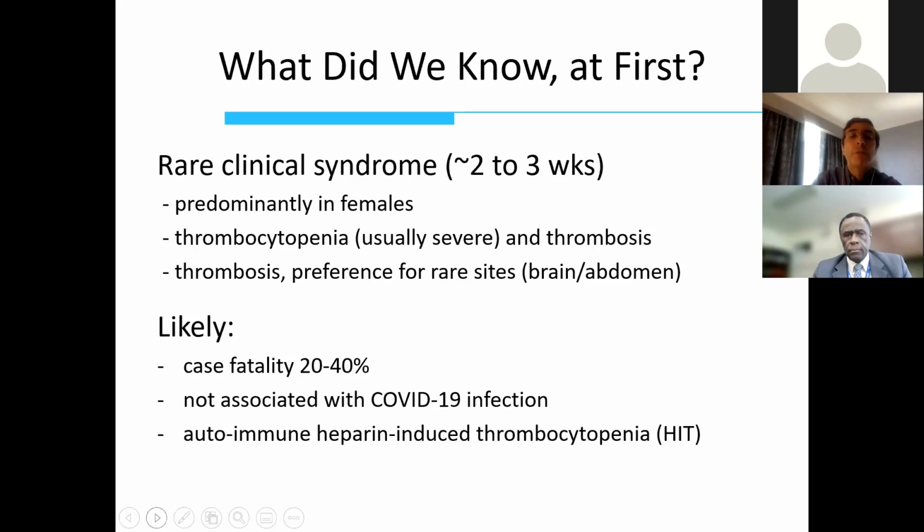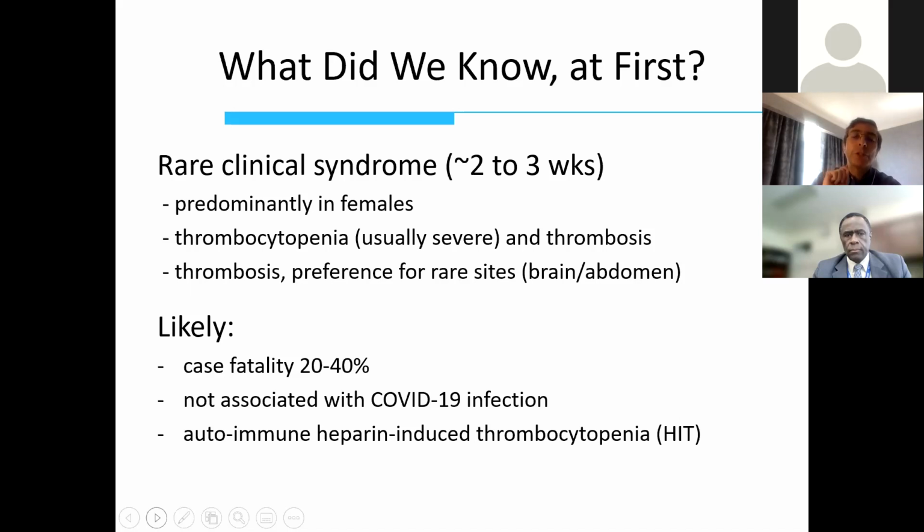Of note, the thrombotic events would occur preferably at rare sites, that is the brain or the abdomen, reminding ourselves the most common venous thrombotic events in adults occur in the lower limbs, with a likely case fatality between 20 and 40%.